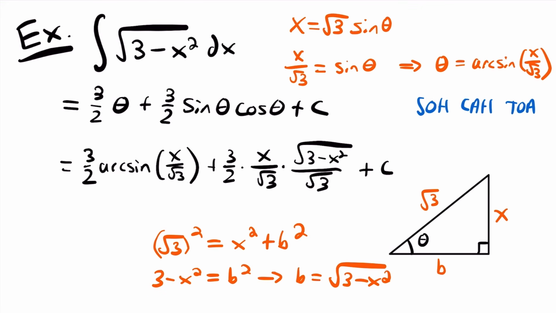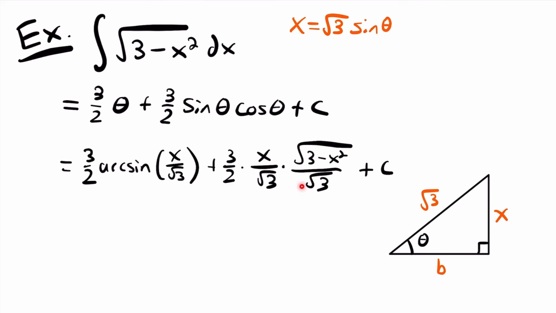All right, and so if I clean up my work here, we can simplify our answer. Notice that we have the square root of 3 times the square root of 3 in the denominator here. That will become 3, and that will cancel out with this 3 in the numerator. And so this 3 and these two square roots of 3 will cancel out.